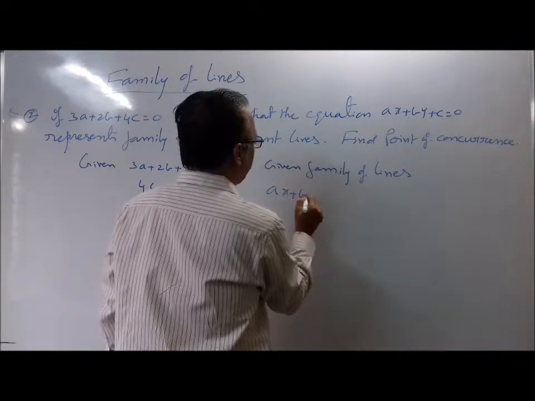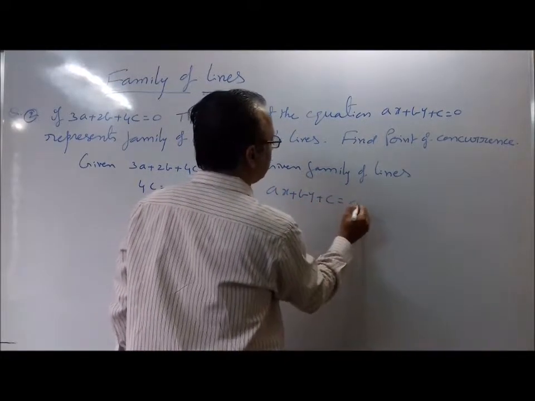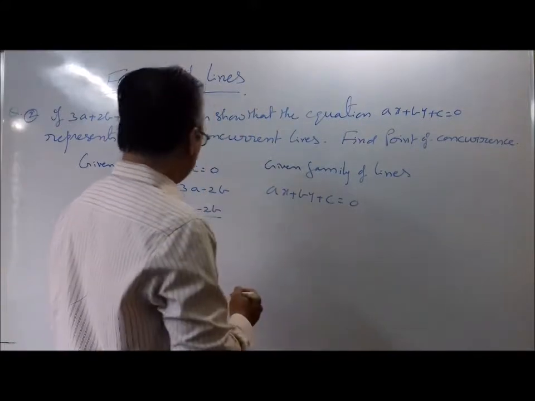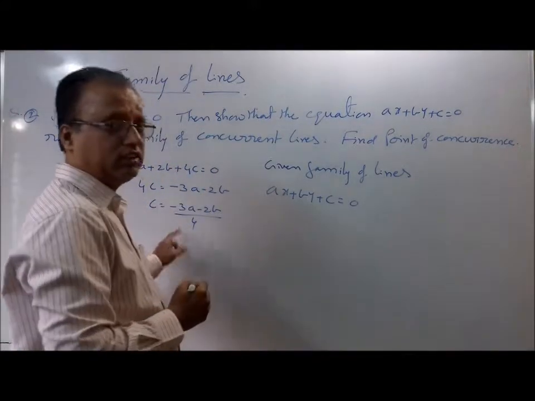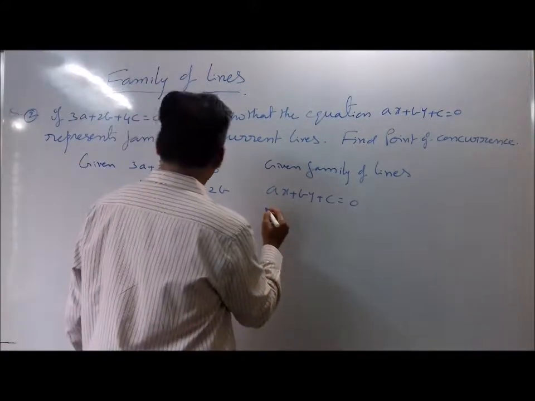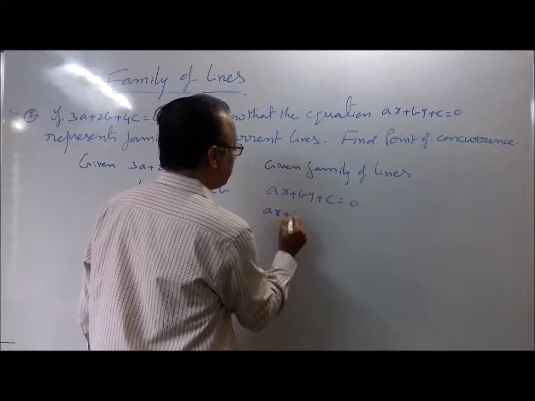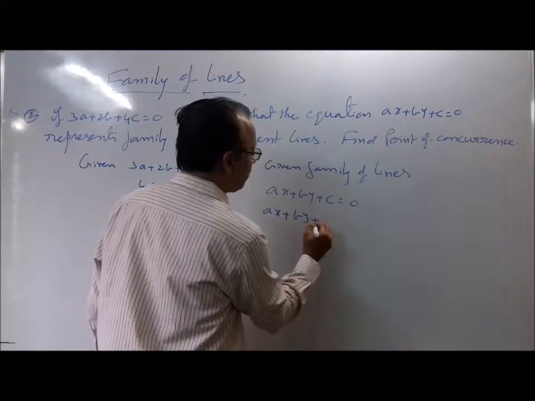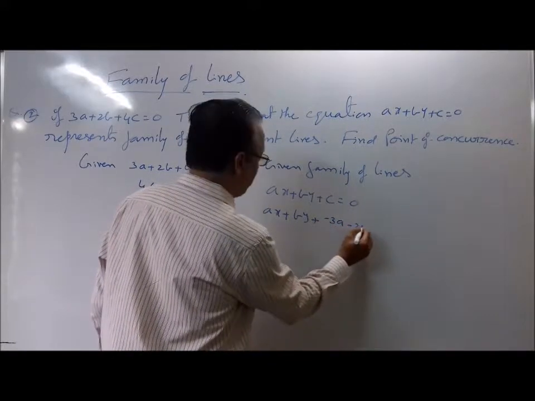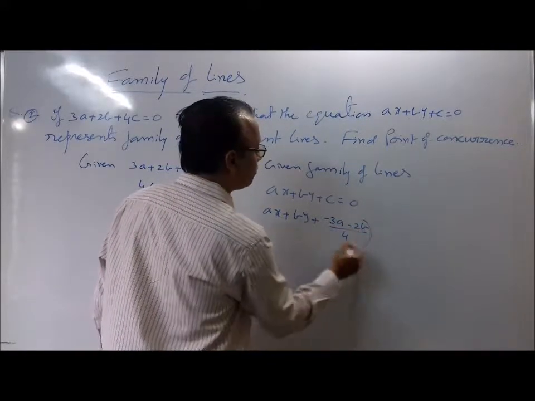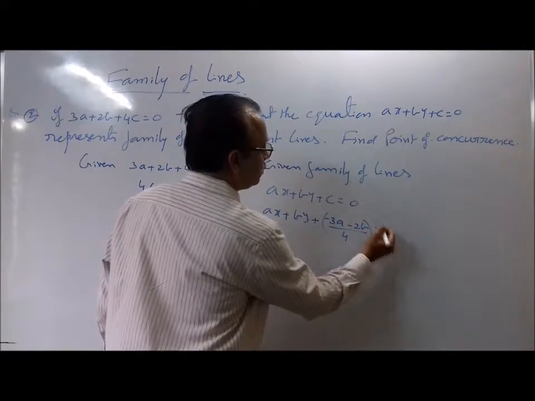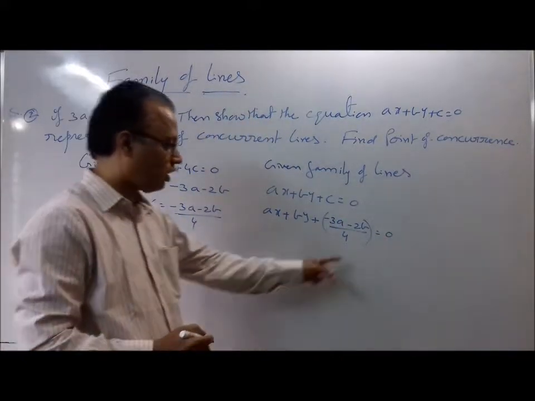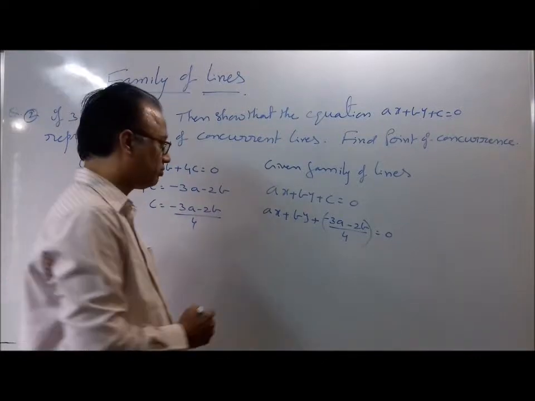ax plus by plus c equal to 0. Now instead of c, we write this obtained value: ax plus by plus minus 3a minus 2b by 4 is equal to 0. So cross multiply by LCM 4.